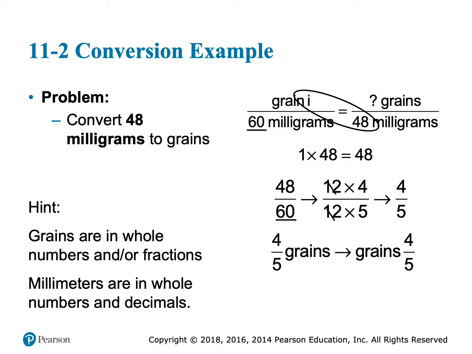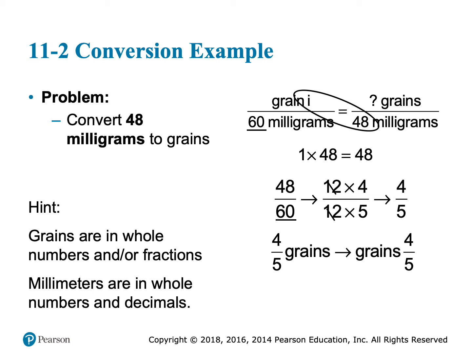All right, so let's work through another example. Here, they want us to convert 48 milligrams to grains. So set up the proportion with the known information on the left and the unknown information on the right. So grain I, 1 grain, that's what that's saying, over 60 milligrams equals how many grains, that's our X, over 48 milligrams.